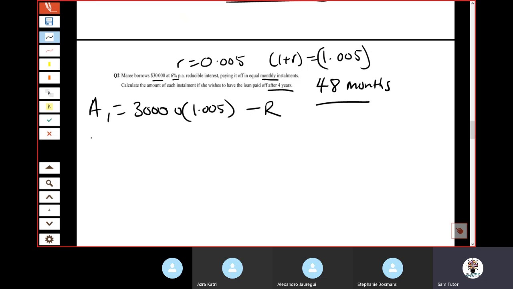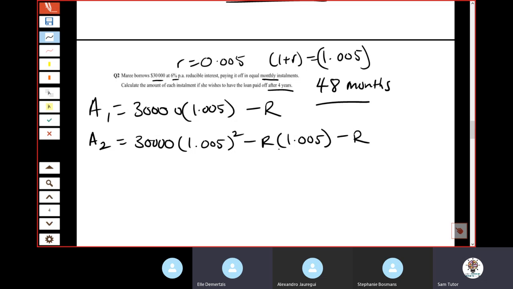Okay, L, what's A2 equal to? 30,000 bracket 1.005, what's the power, to minus R bracket 1.005 then it's R. Beautiful. So pretty much you just did A1 times the interest rate minus R and then expanded. The others, you all got that?